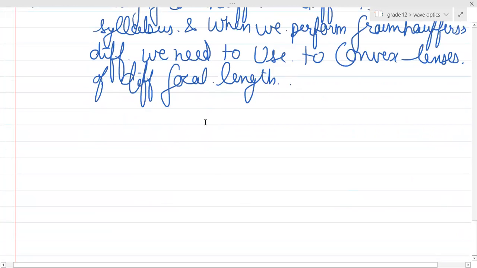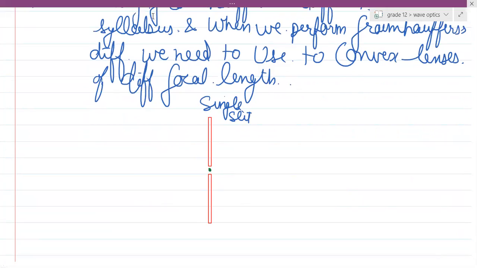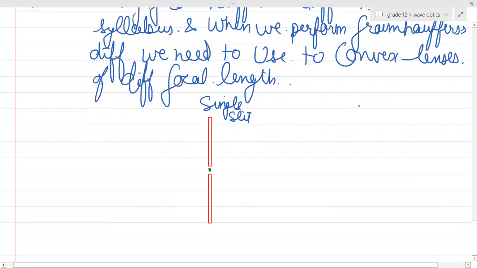है ना? जरा गौर से देखना. Suppose this is the single slit plane, है ना? Guys, this is a single slit, very small as compared to this thing. This is where I have a screen. Let me draw a screen.